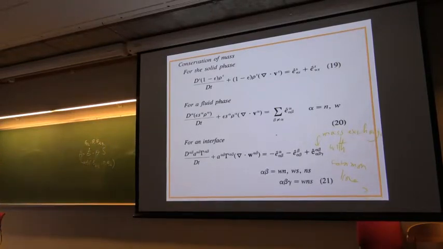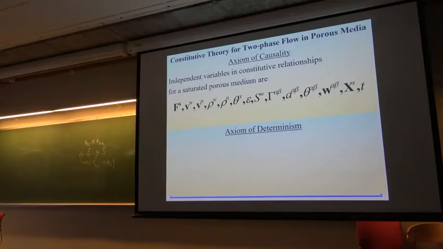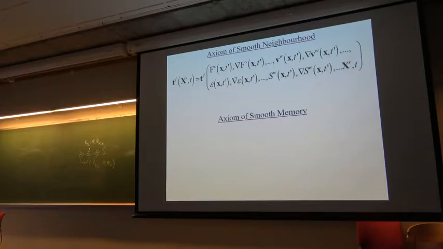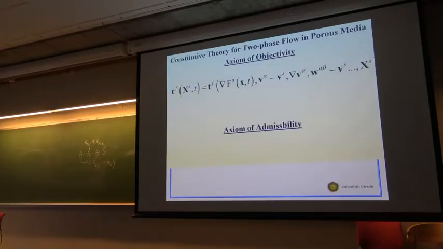And the way we resolve this is when writing these axioms and these constitutive relationships. So let me go through that. We did the following. You go through objectivity, admissibility, and so forth.